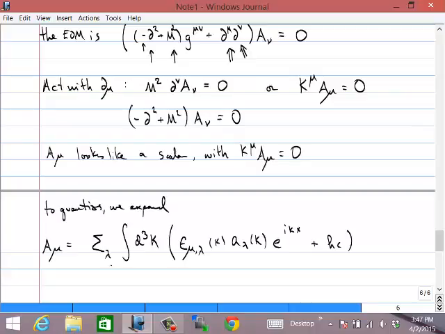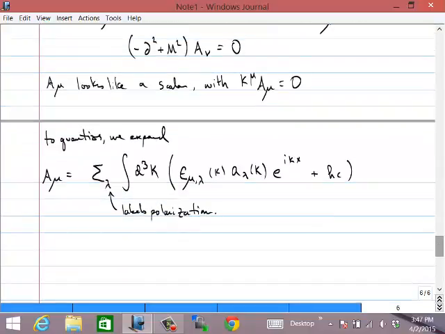And this parameter lambda labels polarizations. And the only constraint we have is that lambda goes from 1 up to 3. And we have the condition that epsilon lambda mu contracted with k mu has to be equal to 0.